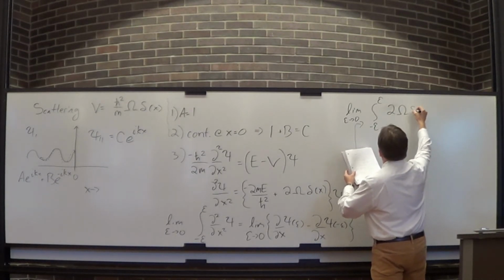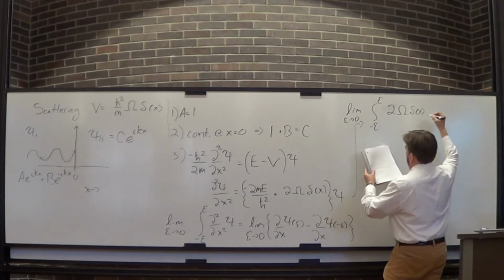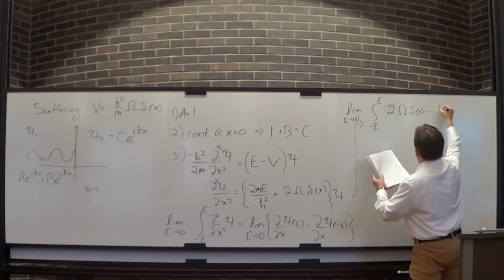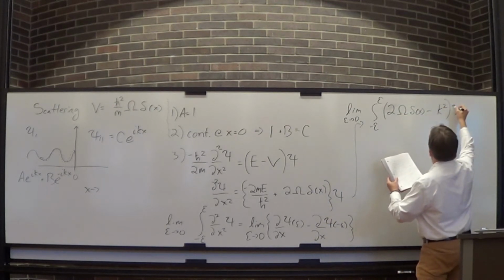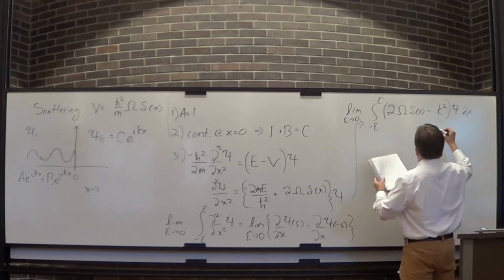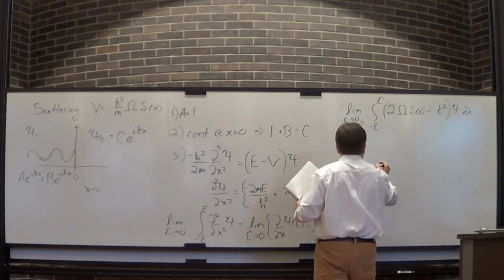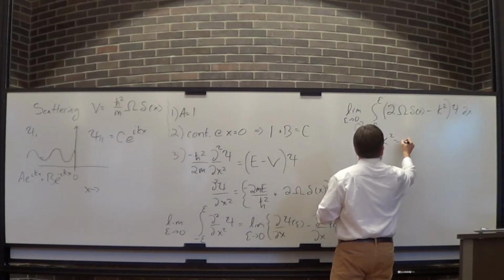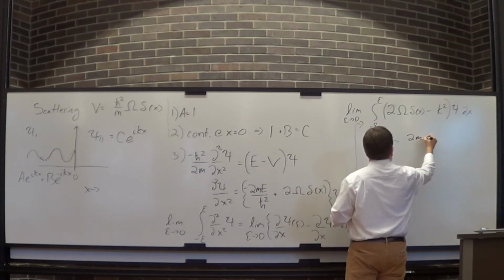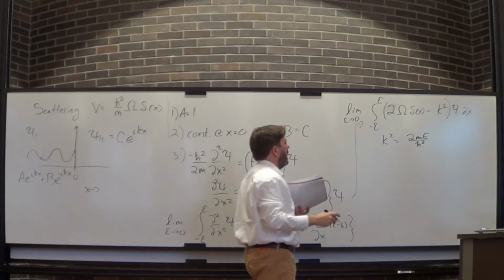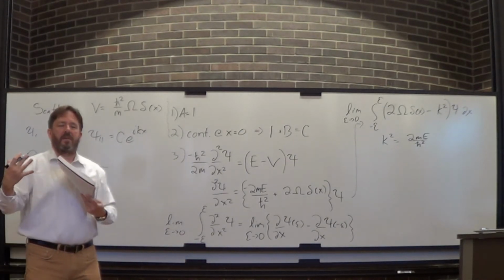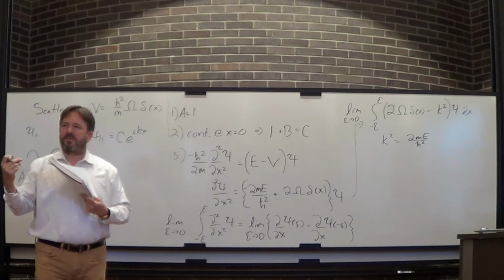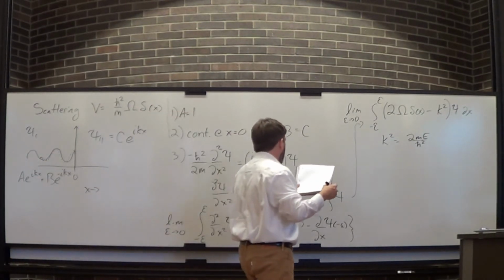So here is our delta function, minus k squared, and remember that k squared is 2mE over h bar squared. Again, hopefully at this point every time you see a k, this is just going to come out naturally. At this point, I hope so.